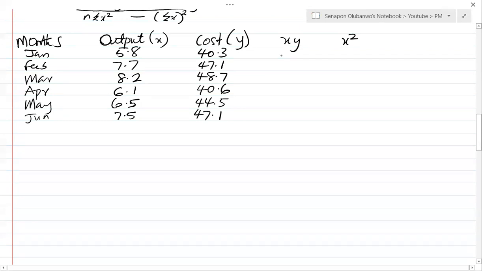For XY, now XY is the output multiplied by the cost. That's 5.8 multiplied by 40.3 for January.